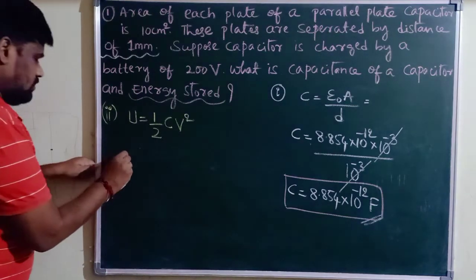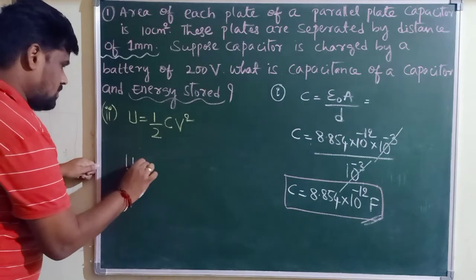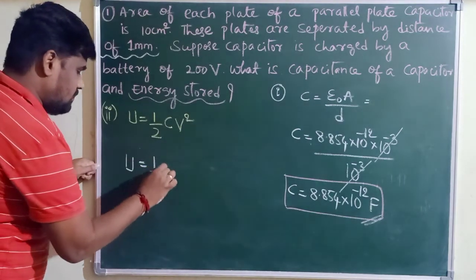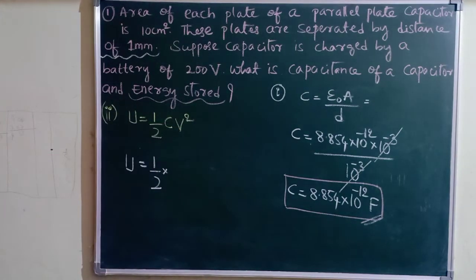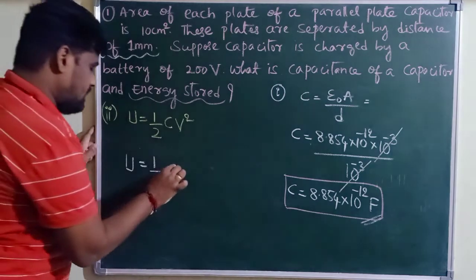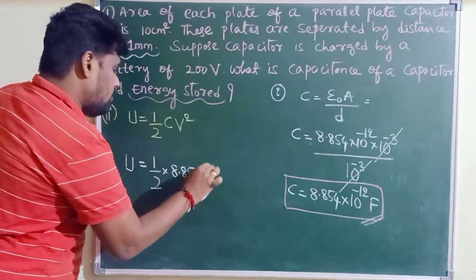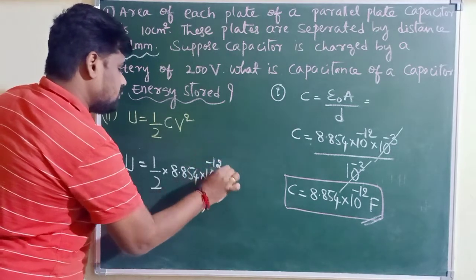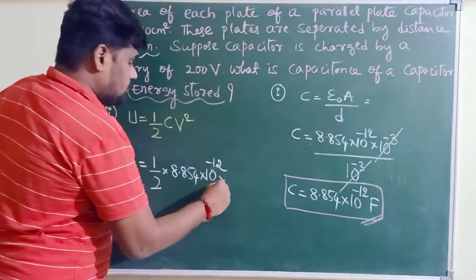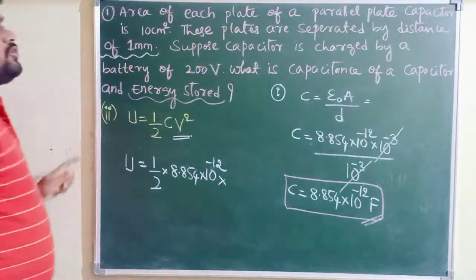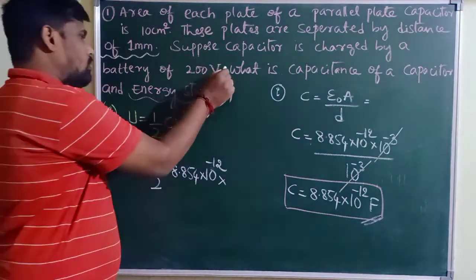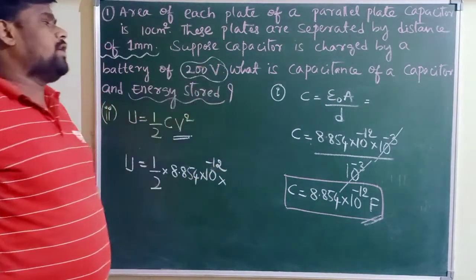U is equal to half C, where C is the capacitance of the capacitor, given by 8.854 into 10 power minus 12 farad, times V square. V is the potential of the battery, which is 200 volt.